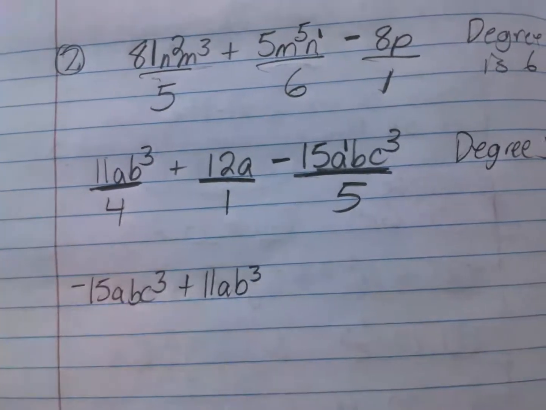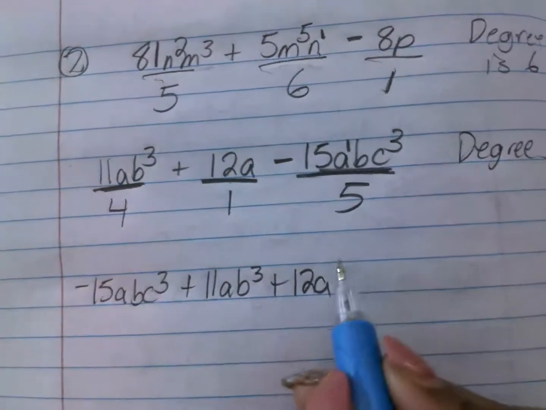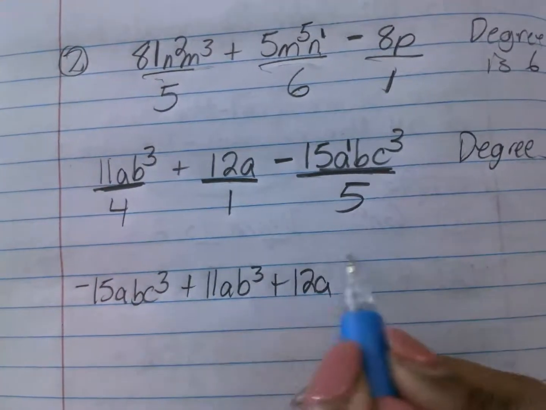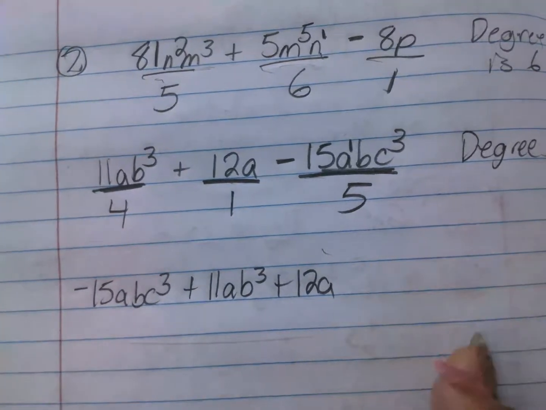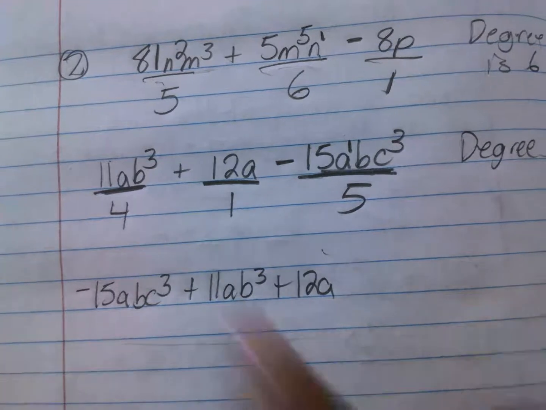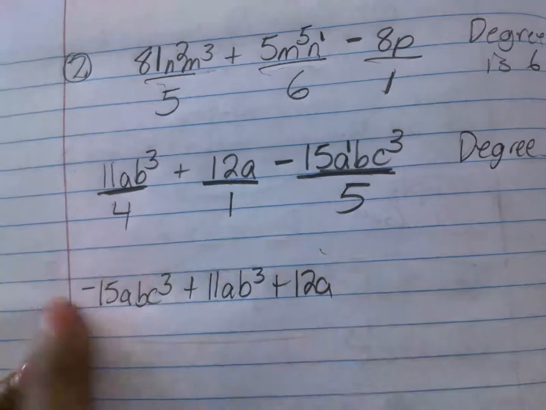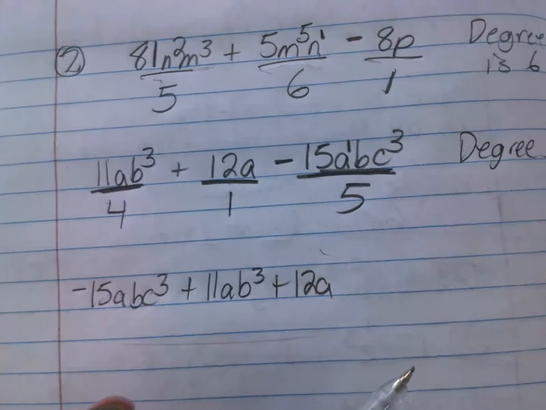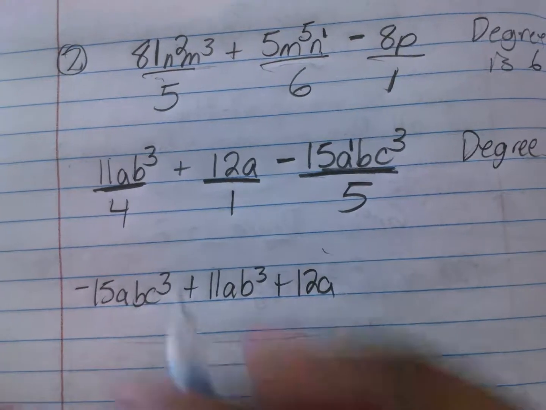And then what's the last? 12A. Yes, please write this. This is in order. This is how you would probably see the answer choice. You wouldn't see it like this for the most part. You see it like this. This is how you order a polynomial. You order a polynomial from highest degree to lowest degree.